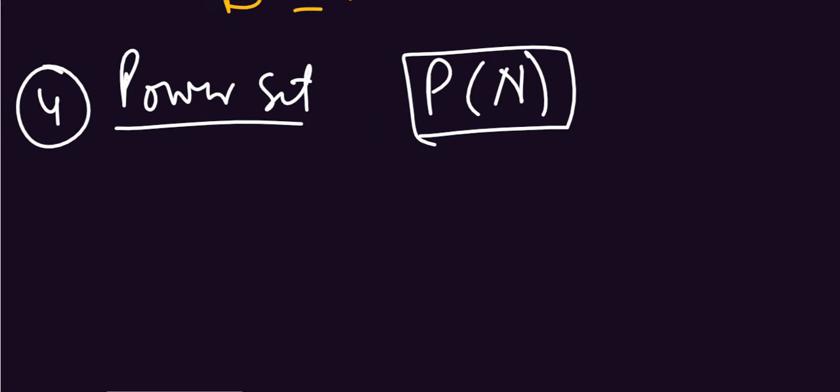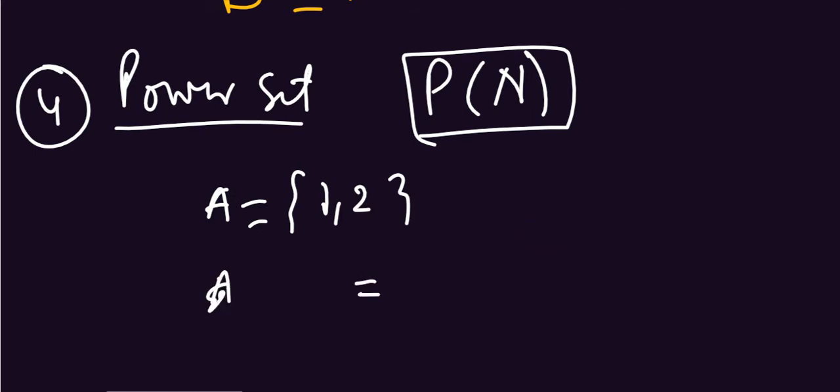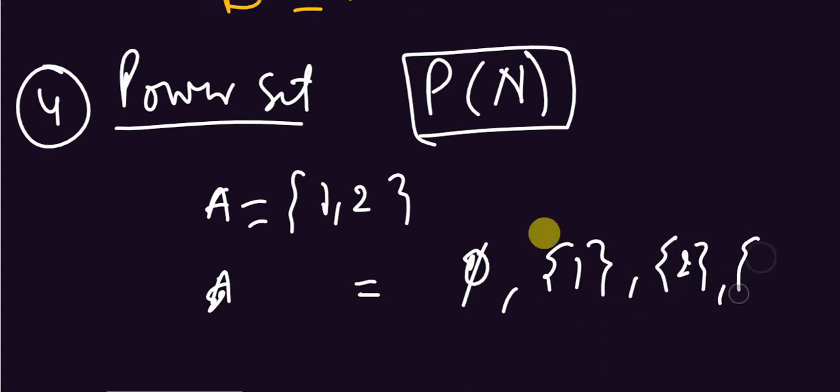Power set means the set of all possible subsets of a set, enclosed by parenthesis. Just like a set A has 1, 2. All subsets of this set are, first of all, the empty set, then {1}, then {2}, then {1, 2}.